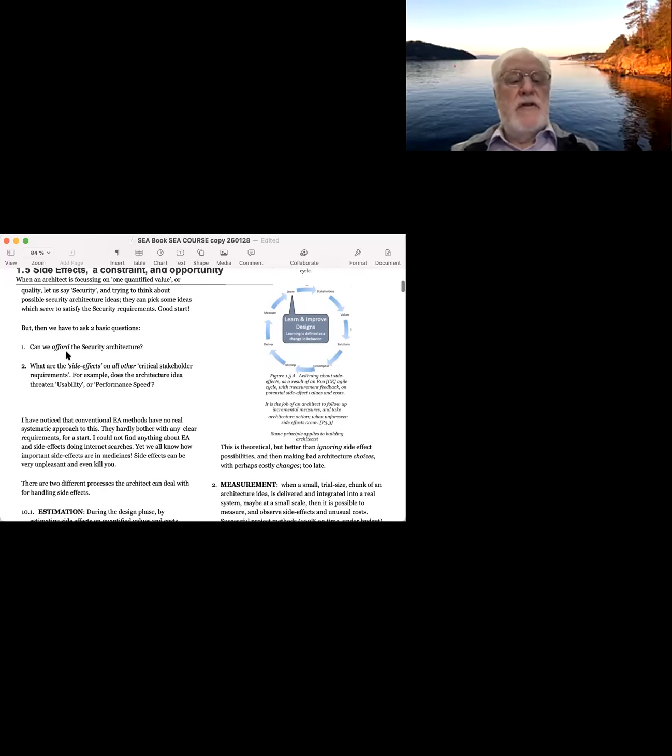So here's the question: what are the side effects of our architecture on all the other critical stakeholder requirements? Okay, and before that, we even have to ask, can we afford the security architecture? Is it within budget, within deadline, within the warm bodies we need to make the system? So these are side effects on the resources, and then we have side effects on the values, two different things.